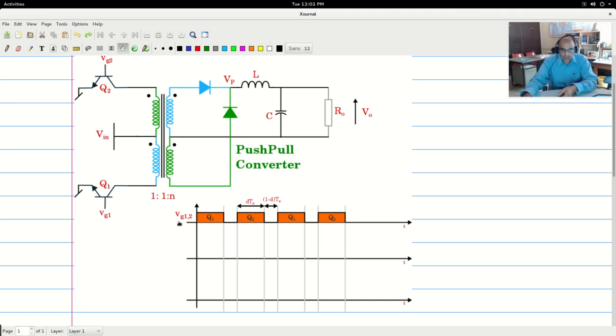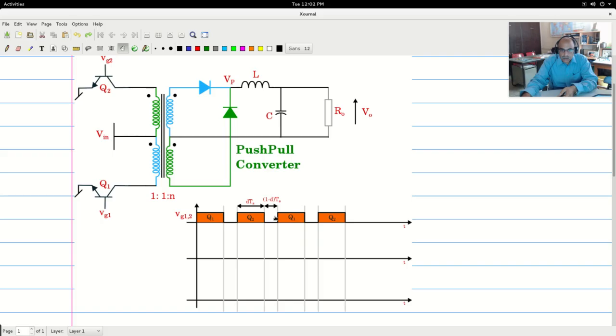For now, the important point for you to focus on is that Q1 is on during this period. Then there is a period of time where neither Q1 nor Q2 is on. In this period where I am showing this arrow, both Q1 and Q2 are off. Then I said that Q1 and Q2 should be on mutually exclusively, so Q2 is on and Q1 is off.